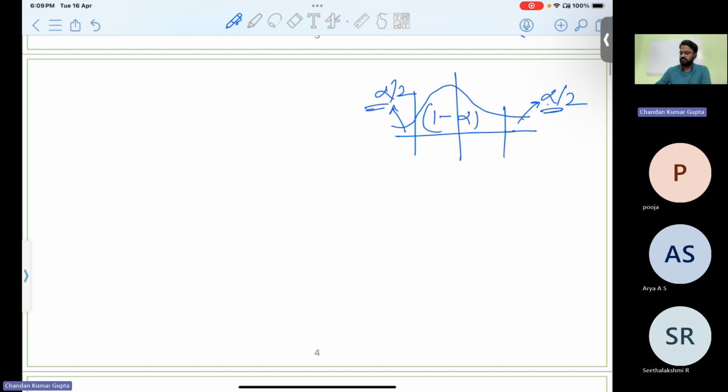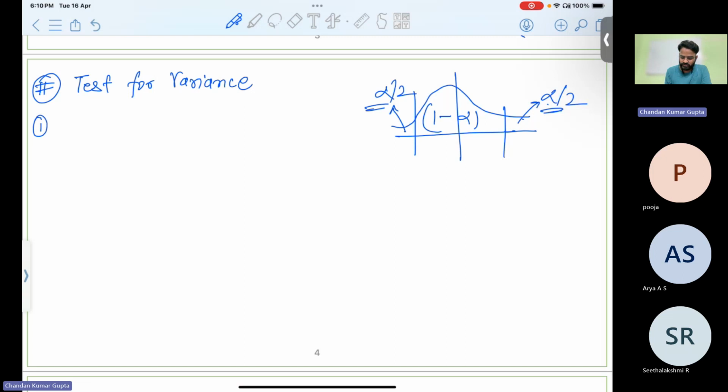In a similar manner, the test for variance. Again there are two possibilities: when mean is known, and when mu is unknown.